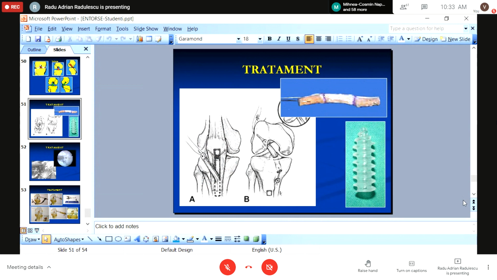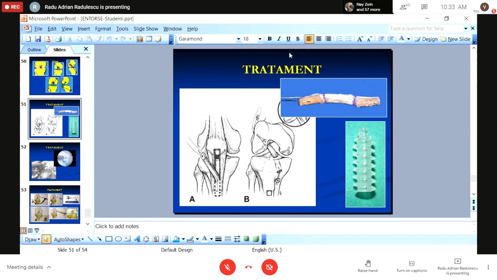Even in acute trauma, suture of the anterior cruciate ligament is not a method of choice, because also very exhaustive studies have been done in the US showing the failure of these sutures in patients after trauma. So forget about suture of the anterior cruciate ligament. The only way of restoring its function would be reconstruction.